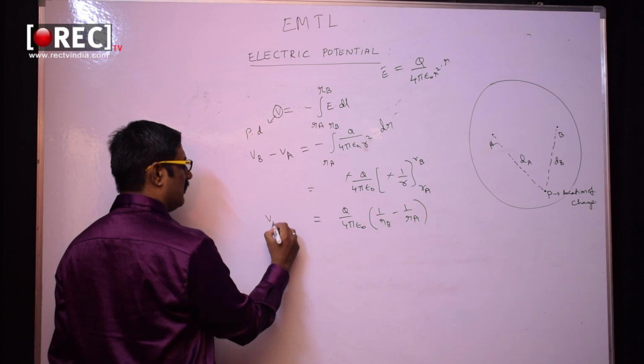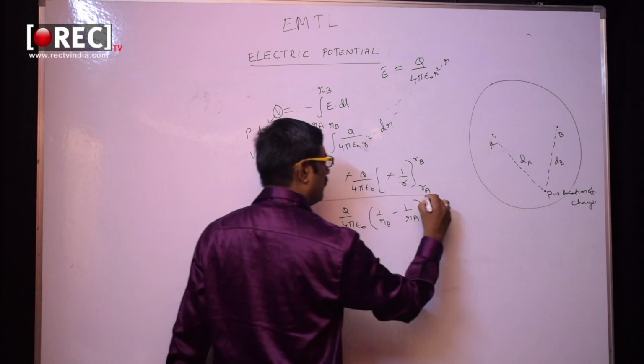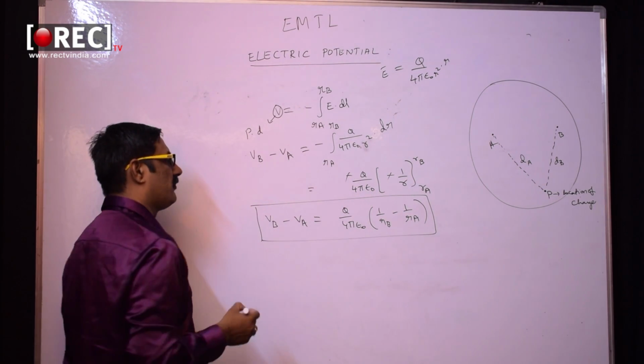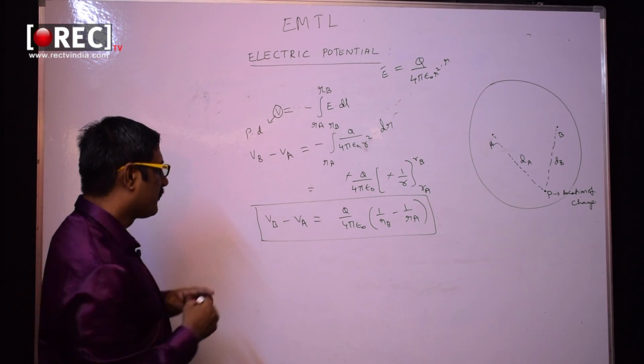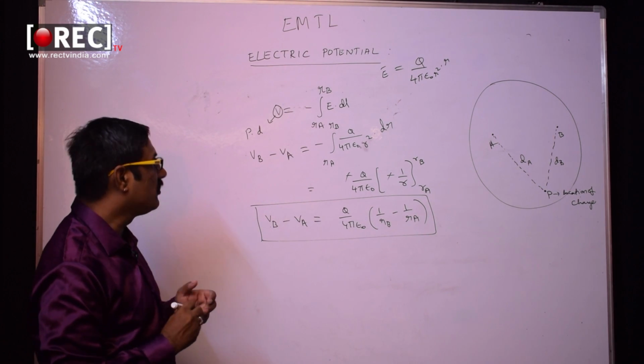So VB minus VA is equal to Q by 4 pi epsilon naught into 1 by RB minus 1 by RA. In general, if you observe the first term, VB is similar to Q by 4 pi epsilon naught into RB.